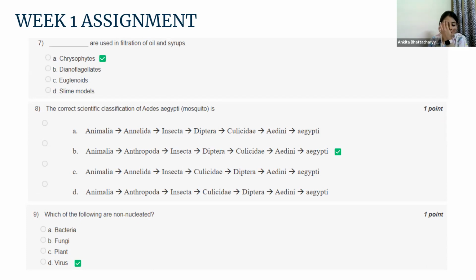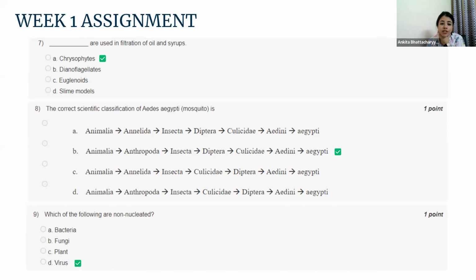Diatoms or chrysophytes are majorly used for oil and syrup filtration. You need to be mindful when studying, because under classification there are unique features for every group, and you should remember at least a few features because they will be useful in a case like this. So that is for question 7.